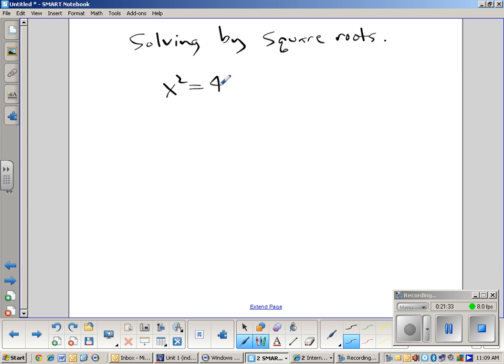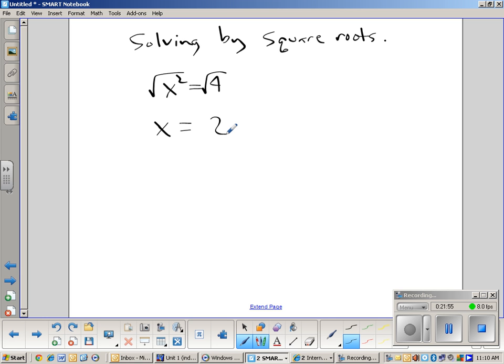Okay? X squared equals 4. The most basic square root problem we could have. X squared equals 4. So how do we undo an x squared? We square root both sides. And square root of x squared is x. And square root of 4 is 2.